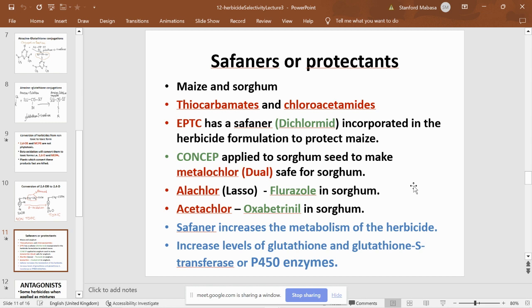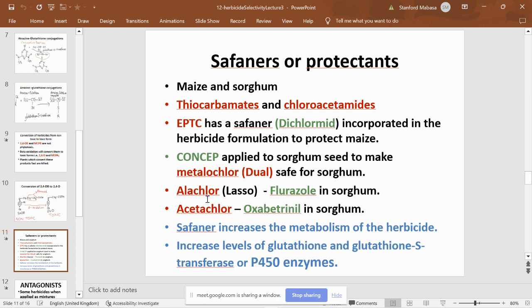We also have metolachlor or Dual, which can be applied to sorghum. For Dual not to kill sorghum, it should be formulated with a safener known as Concept. So if you are buying Dual for sorghum, make sure that it has a Concept or a safener. Otherwise, if you buy the usual Dual, it's going to kill your sorghum.